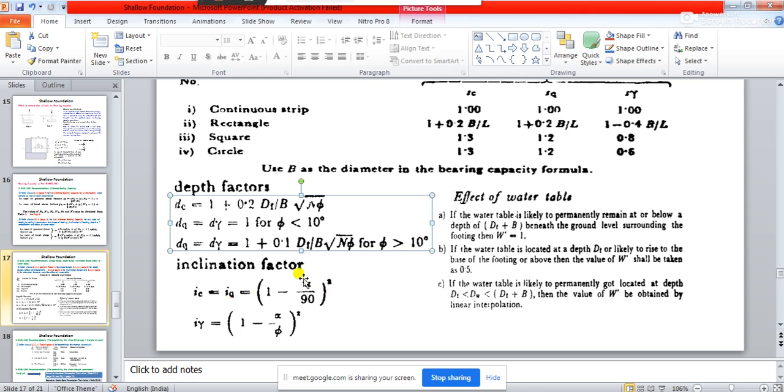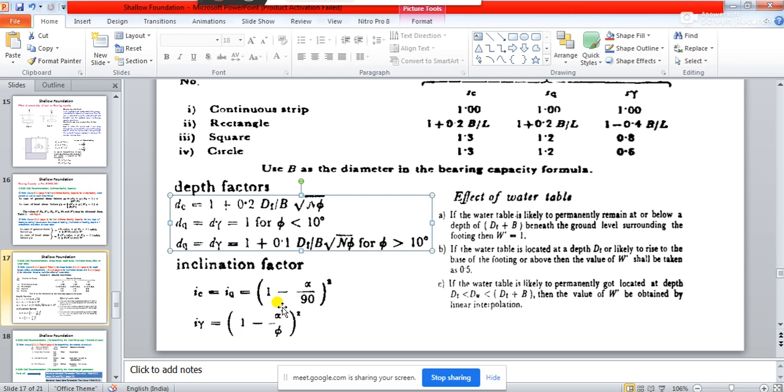So if alpha becomes 90 degree, then IC, IQ becomes equal to 0, isn't it?